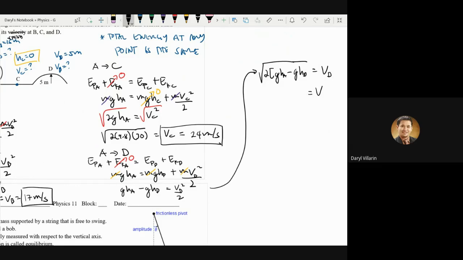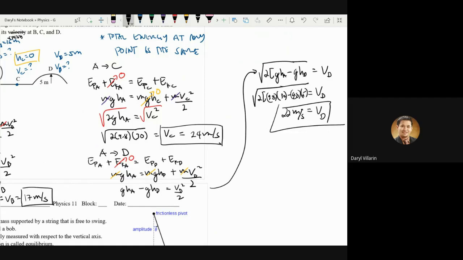So this would be VD, the square root of 2 times 9.8 multiplied by HA, HA is 30, subtracted with 9.8 multiplied by the HD, HD is 5 meters. So VD is equal to 22 meters per second.